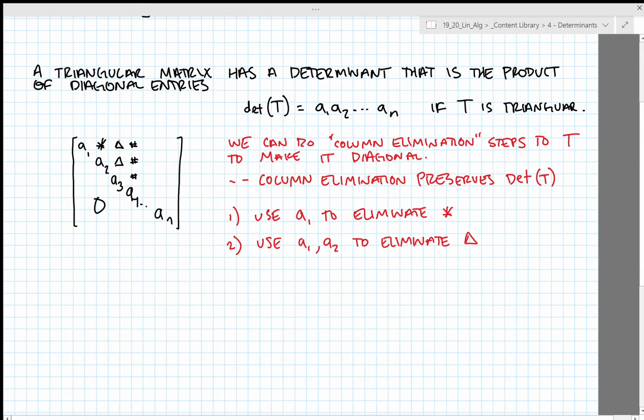I would eliminate these 2 terms using some linear combination of A2 and A1. And we get the pattern now. You could use A1, A2, A3 to get rid of all the pound signs, and then you could do this all the way down until you end at a diagonal matrix.